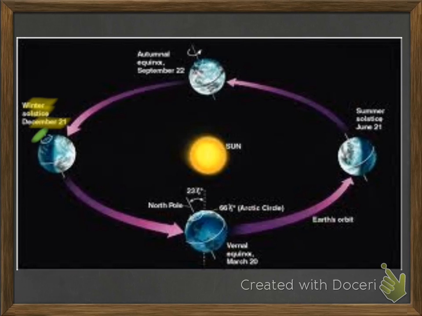So during the winter solstice, when the Earth is in this position in its orbit, the northern hemisphere undergoes winter, because the northern part of the Earth is farthest away from the Sun. Conversely, the southern hemisphere is closer to the Sun, and the closest it'll get to the Sun is in summer.